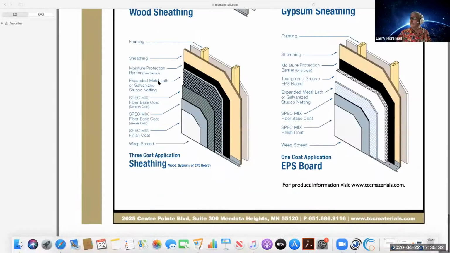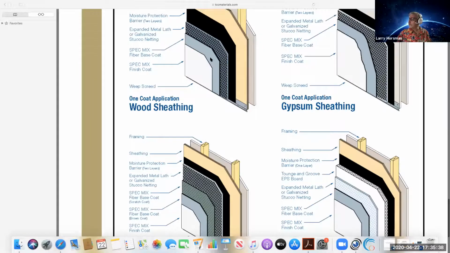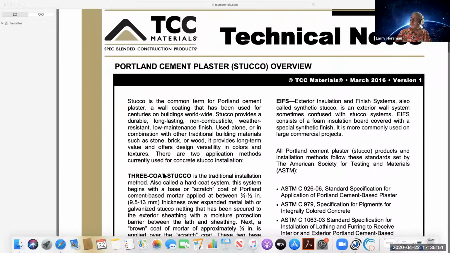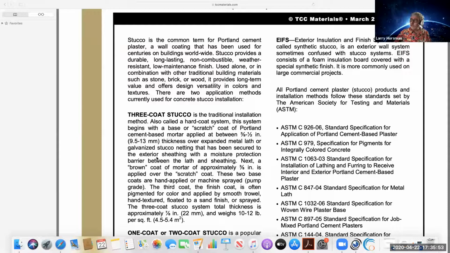Let me see if I can pull this back down. So yeah, here's what they refer to as EIFS, exterior insulation and finish systems. But what we're using, I would assume, based on looking at it in the plans, is our typical 3-coat traditional stucco.